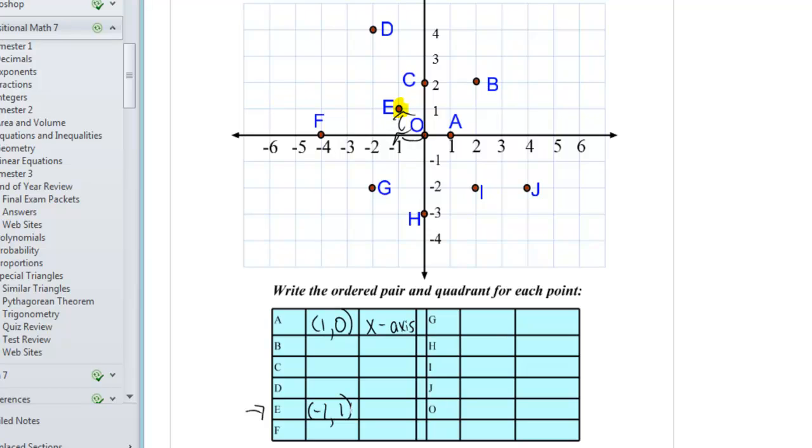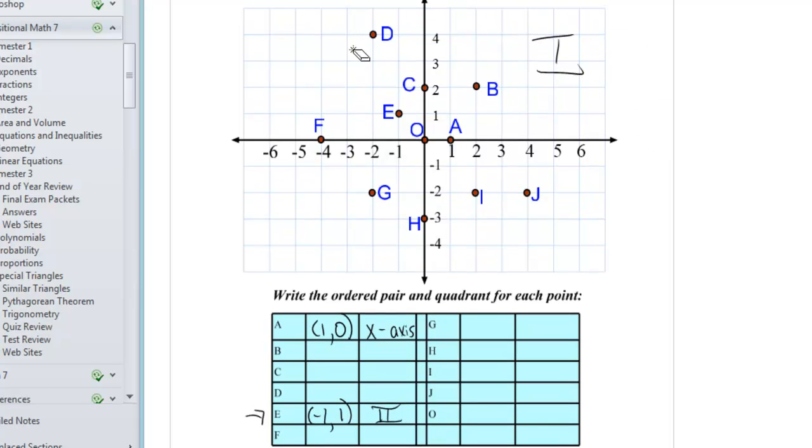And what quadrant is this point in? It's in the second quadrant, right? Because we start, where's our first quadrant? It's where everything's positive. And then do we go forwards or do we go backwards to count these? We go backwards, right? So quadrant 2, quadrant 3, and quadrant 4.